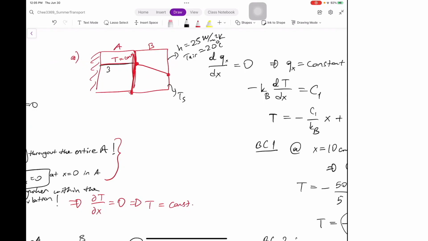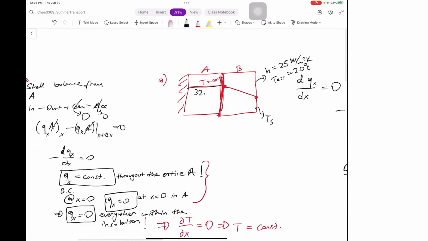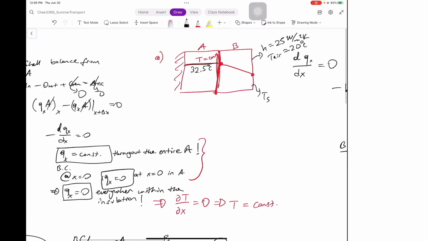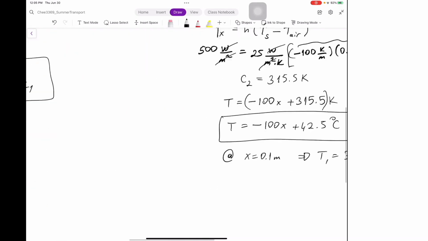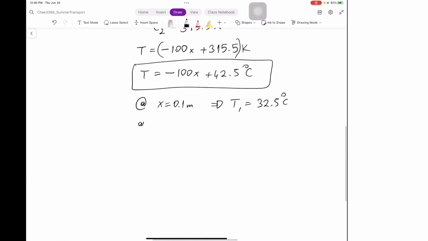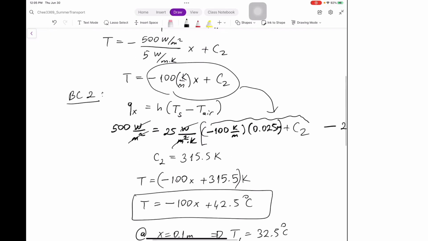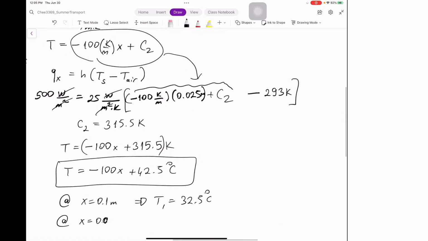This entire thing up to here is 32.5 centigrade. And then this one is x is equal to 0.025? I made a mistake. That's 25 centimeters. I'm sorry for that. So let's do it correctly. 25.